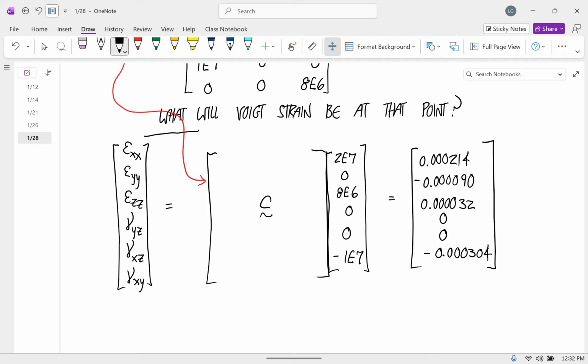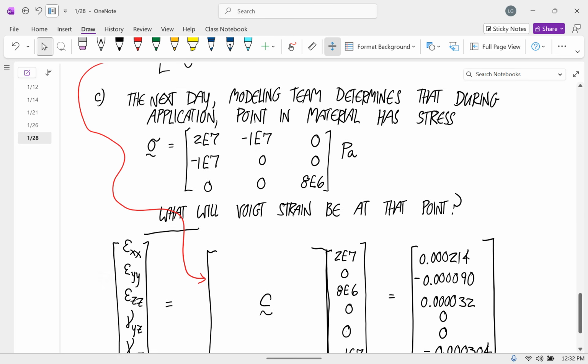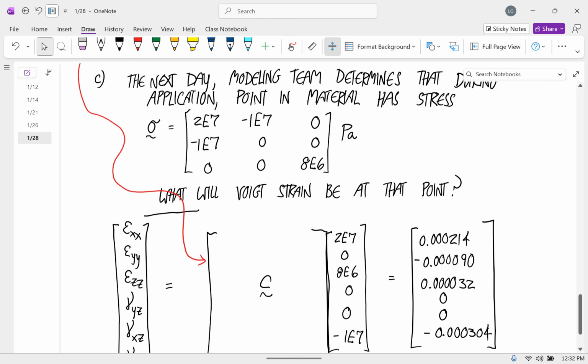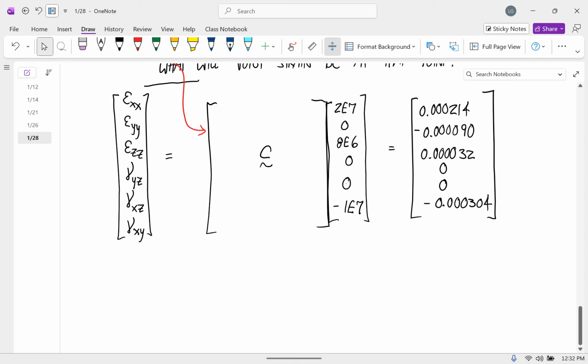Okay, becomes greater than 90 degrees. Any questions about that? So you do this one tensile test for the material, and then you use that compliance matrix that you got out with any of the stresses that you calculate. Okay.